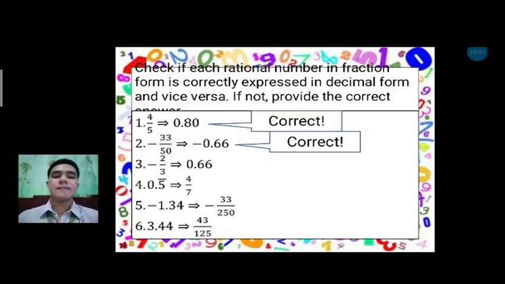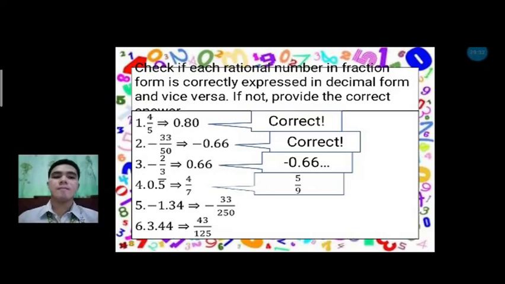Then number 3 should be negative 0.66 and so on, because when you divide 2 by 3, you get this value instead of this one. Number 4, 0.5 with vinculum, should be 5 over 9 in fraction.